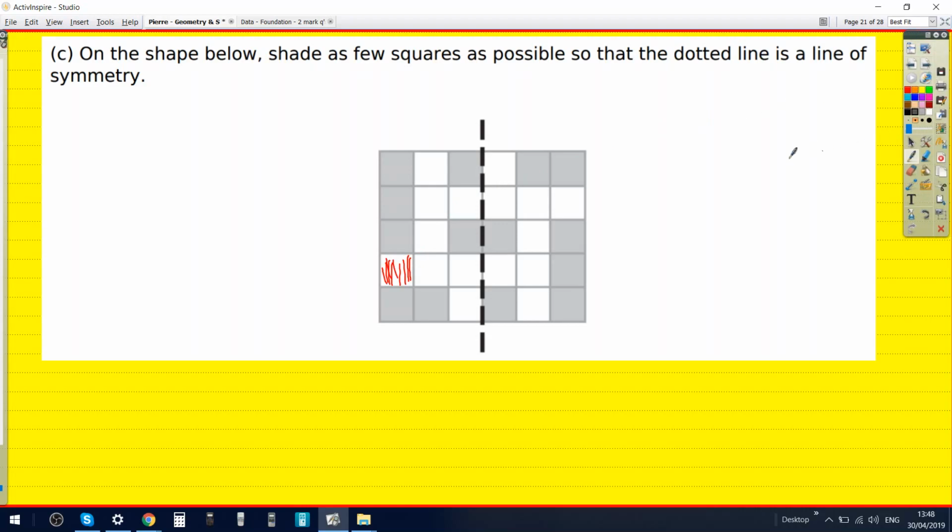And then in the middle, to the right of the dotted line, at the top. This one? Yeah, that one. And then at the bottom as well, to the left. That one. Yeah.